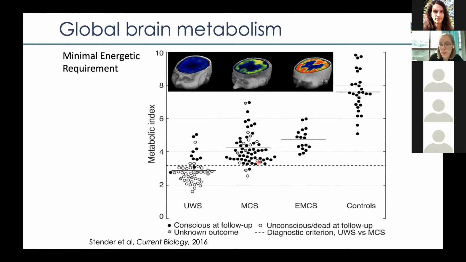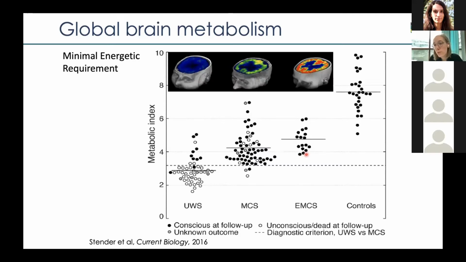In MCS patients, so patients who recovered some signs of consciousness but are not able to functionally communicate, that's important to know, we see that they show a slightly higher glucose uptake at the global level. Also in these images above, you can see that indeed there is this higher glucose uptake as compared to truly unconscious patients.